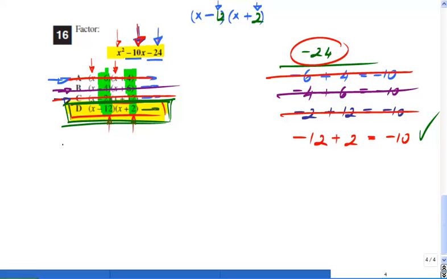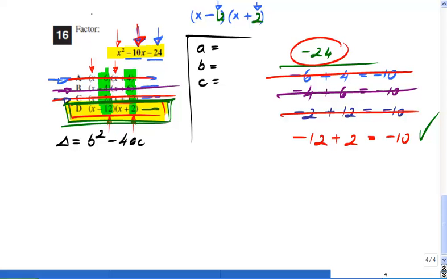the quadratic formula. You guys remember the quadratic formula? First of all, think about delta, your discriminant, which is b squared minus 4ac. I will do that first. And for the given problem, first identify what your a, b, and c coefficients are.